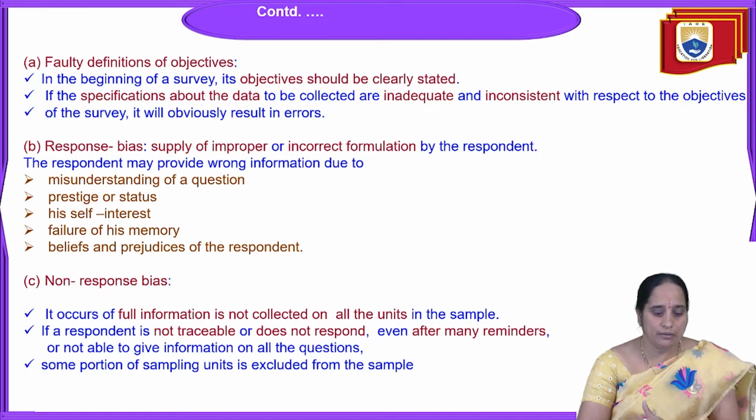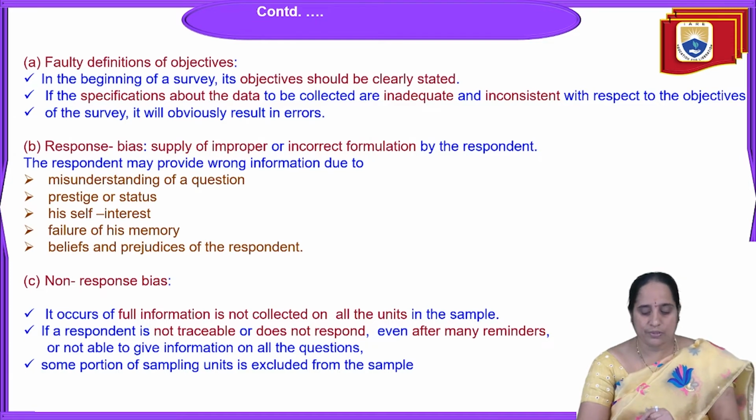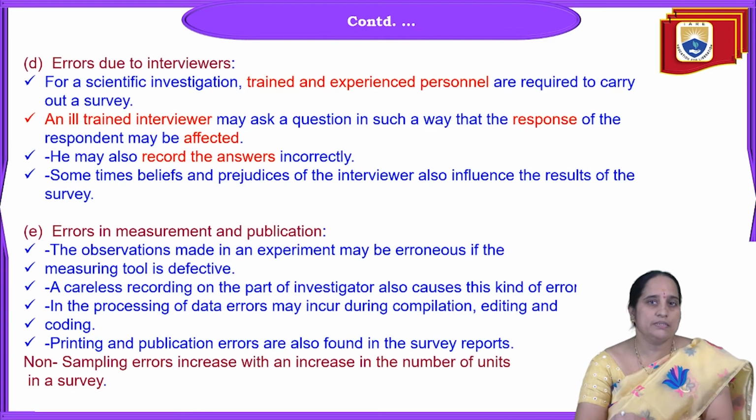So out of that, sometimes they will exclude some of the unfilled data. So some portion of sampling units is excluded from the sample. Again, that leads to non-response bias. The next one is errors due to interviewers.